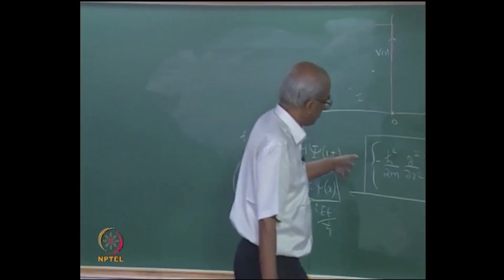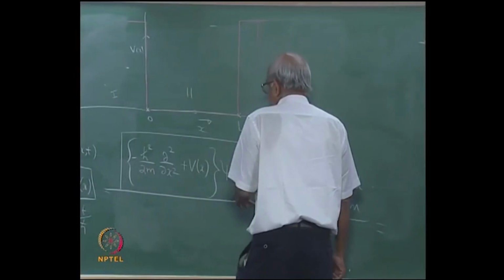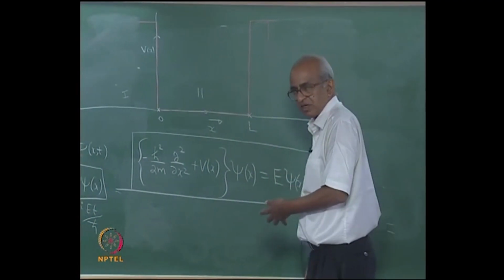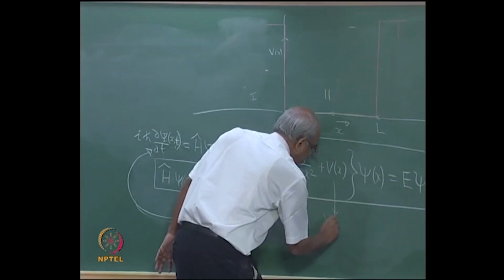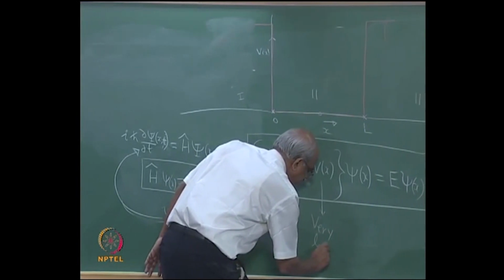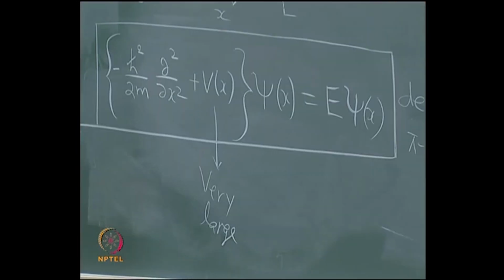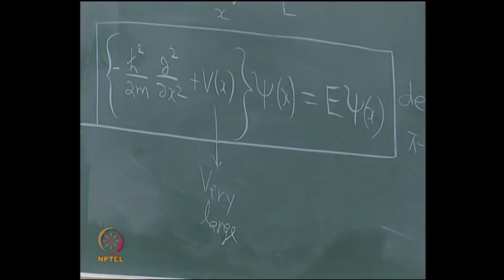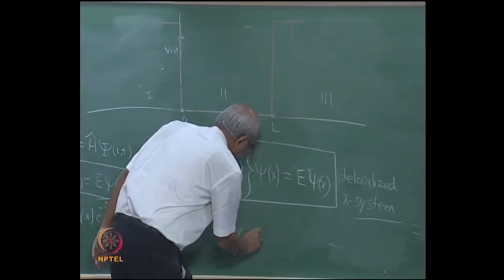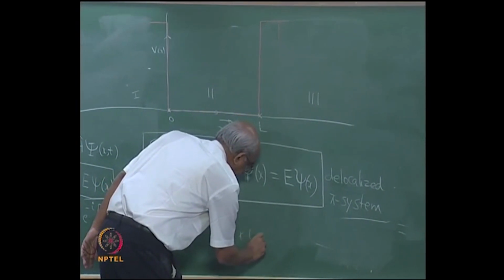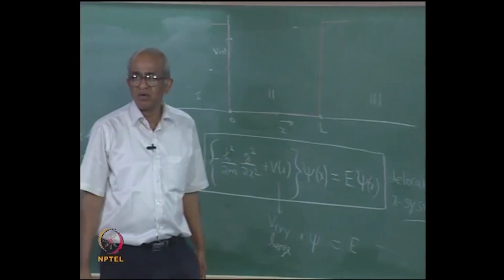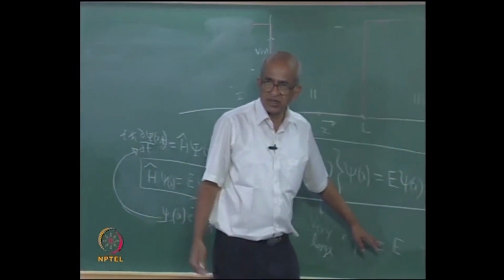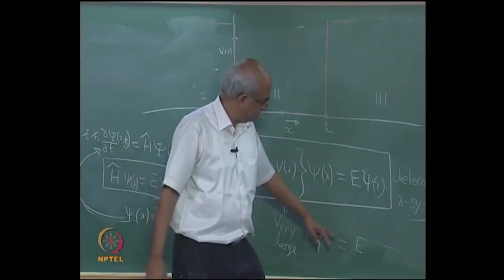If you want, you can verify it by substituting the solution in here to make sure that everything is fine. Suppose you are in region 1. Then the potential energy is very, very large in region 1. I said it is infinity, but it is a very huge quantity. So, here you have a very large quantity multiplied by psi, which must be equal to E, which is not a very large quantity, it is some finite value, multiplied by psi.